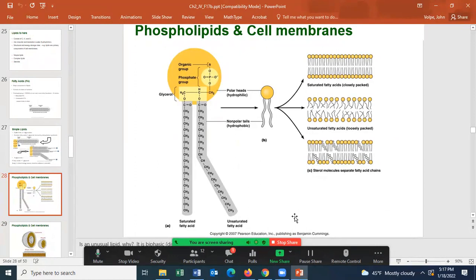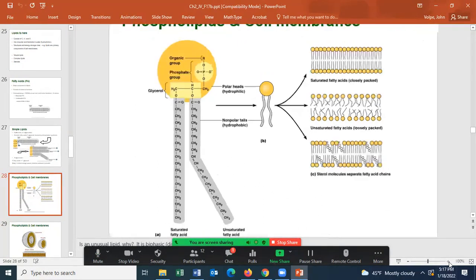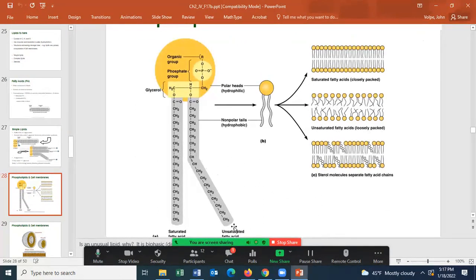The phospholipid is polar on one end, which we call the head, and non-polar on the other end, which we call the tail. The tail is composed of two fatty acids. And yes, in humans at least, one fatty acid is always saturated, the other is always unsaturated.